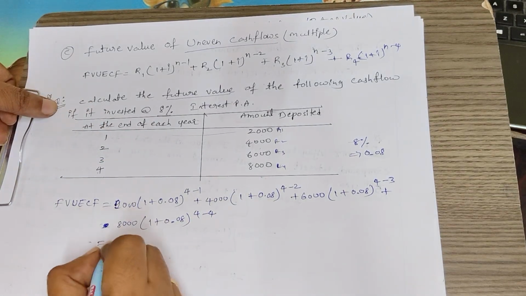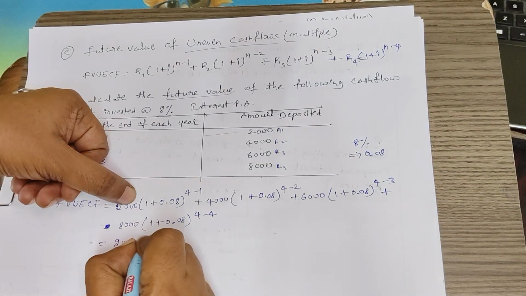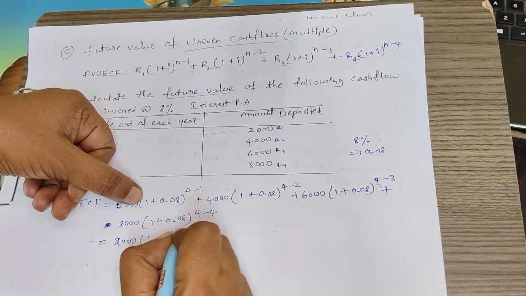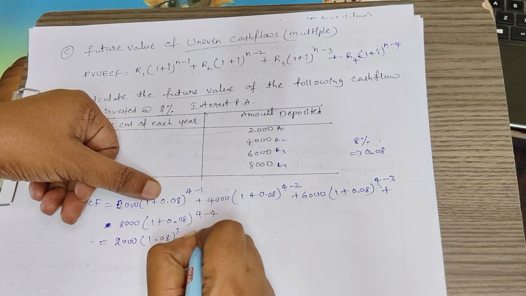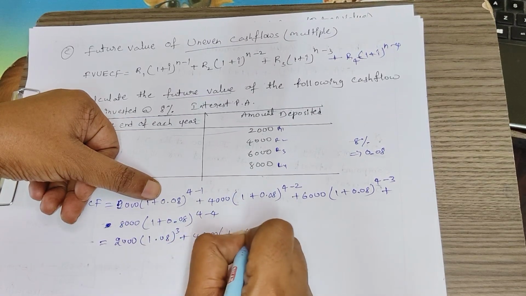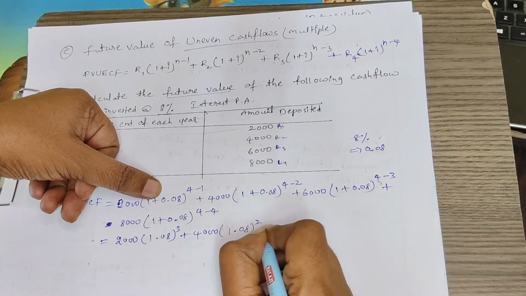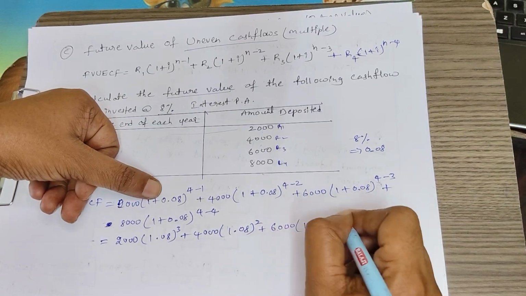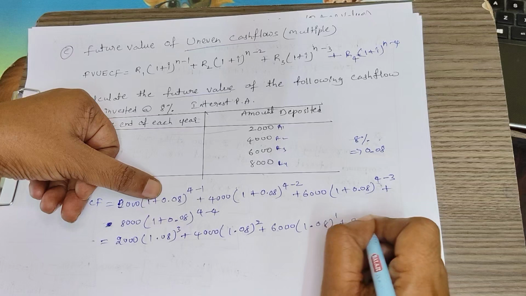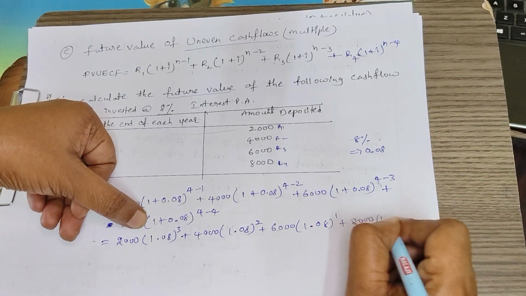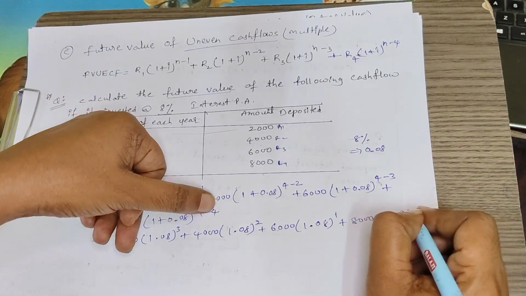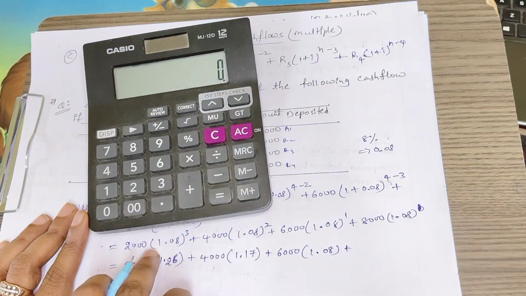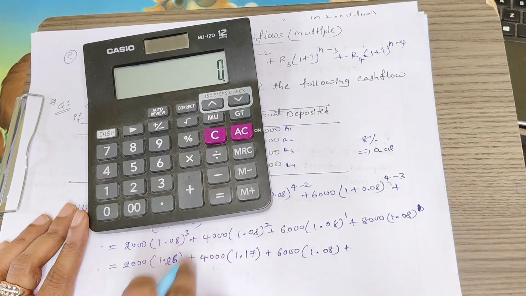Okay. So now 2000 into 1.08, because 1 plus 0.08 is 1.08, 4 minus 1 is 3. Plus 4000 into 1.08, 4 minus 2 is 2. Plus 6000 into 1.08, 4 minus 3 is 1. Plus 8000 into 1.08 to the power 4 minus 4, which is 0. And next, 2000 into 1.08 multiplied 3 times, then you will get this value.